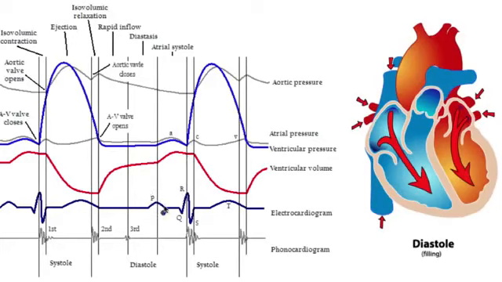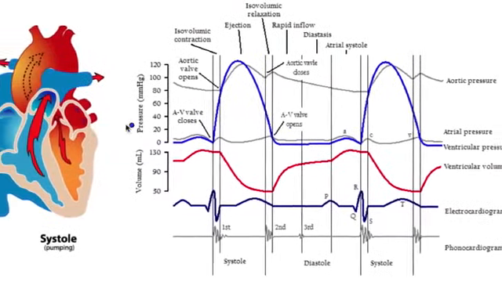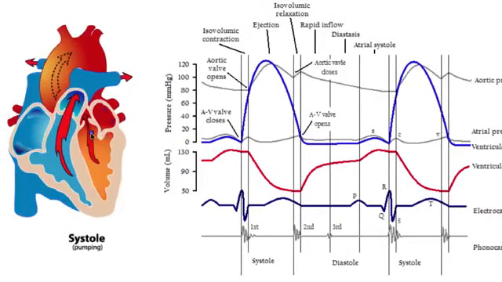Just like after atrial depolarization, we get atrial contraction, after ventricular depolarization, we also get ventricular contraction. So that is where we're starting this phase of systole, where the ventricles are contracting.